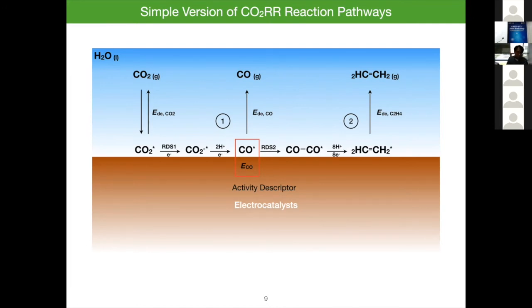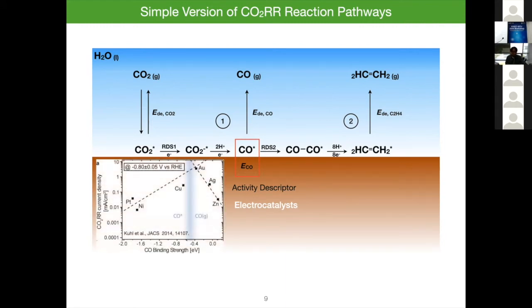If the CO binding energy with the catalyst is not too strong, CO can desorb or undergo CC coupling. Depending on CO binding strength, if the binding energy is too weak, as in the case of gold, silver, and zinc, then CO evolution is dominant.